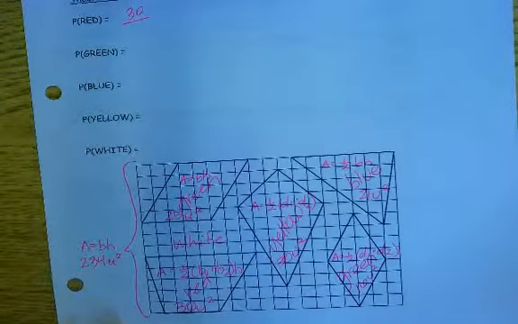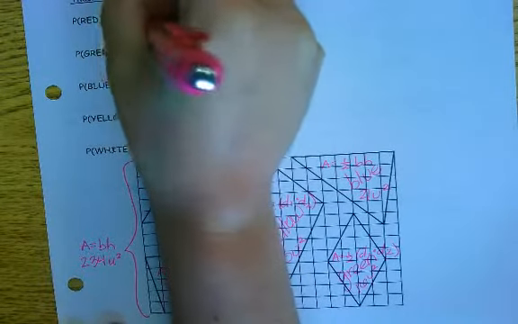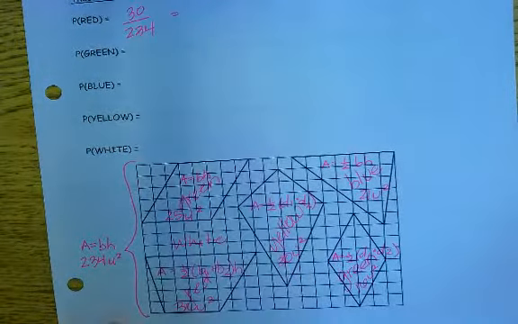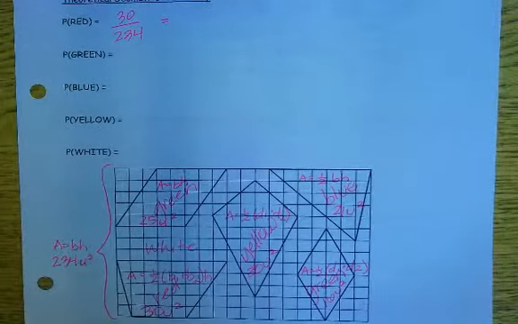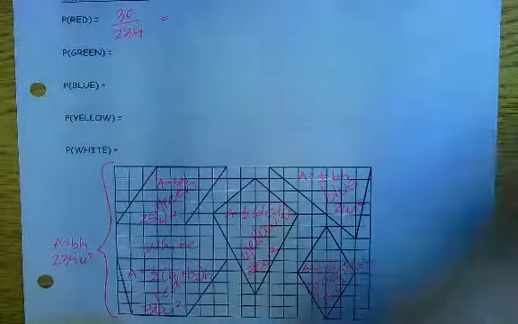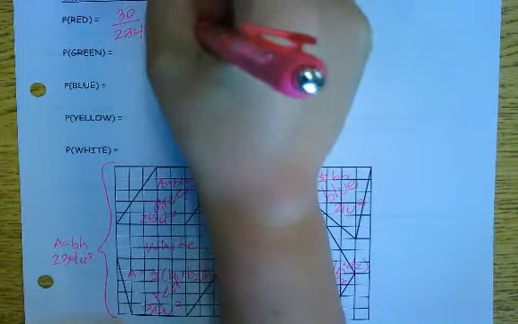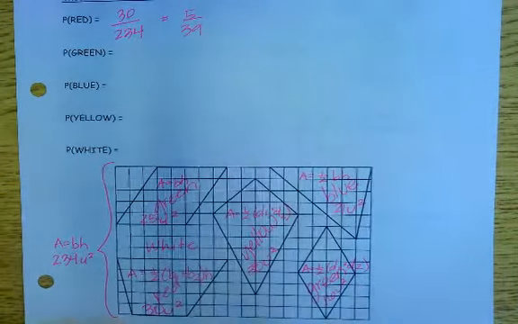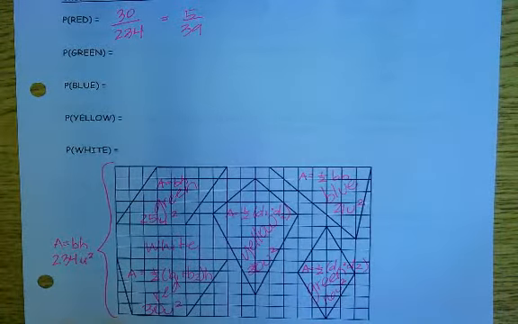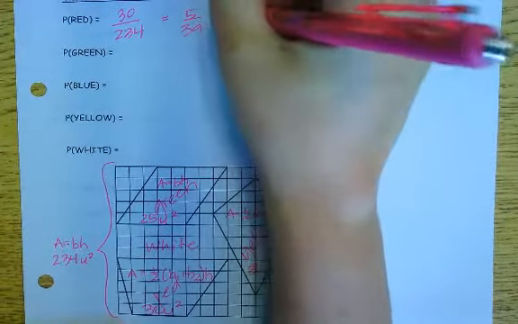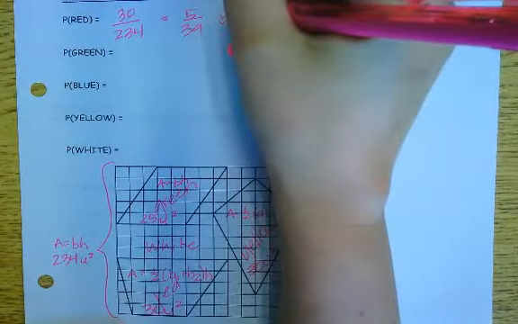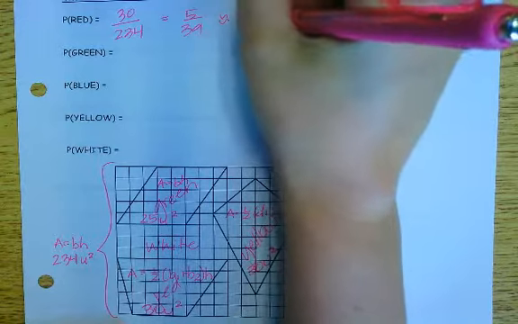And then what goes on bottom? 234. Now you need to see in your calculator, does that simplify? 5 over 39. If I told you to convert to a percentage to the nearest tenth, what would that be about? 12.8%.